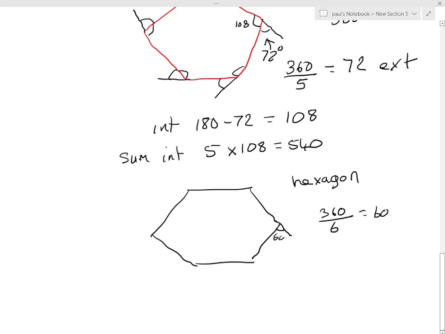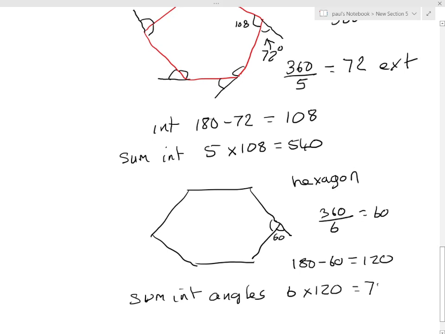The internal angle will be 180 minus 60, which equals 120. And the sum of the internal angles is going to be 6 times 120, which is 720. 6, 12, 72, yeah, 720. So we can find the sum of the internal angles by doing it this way.